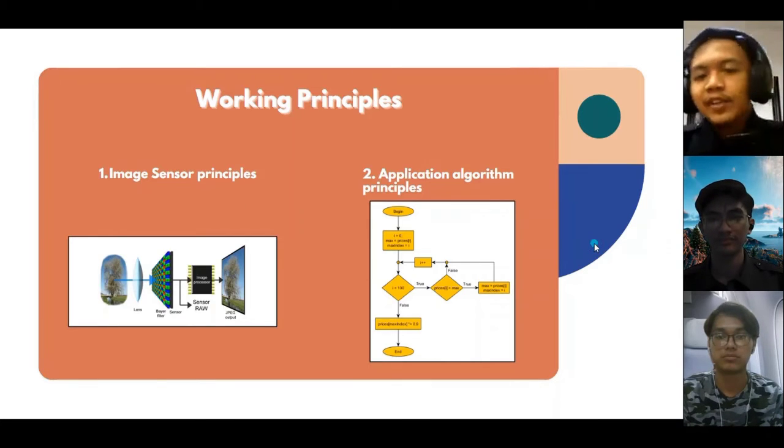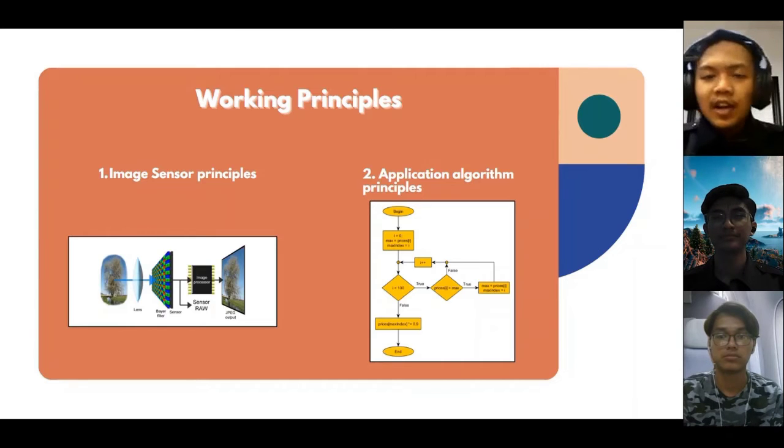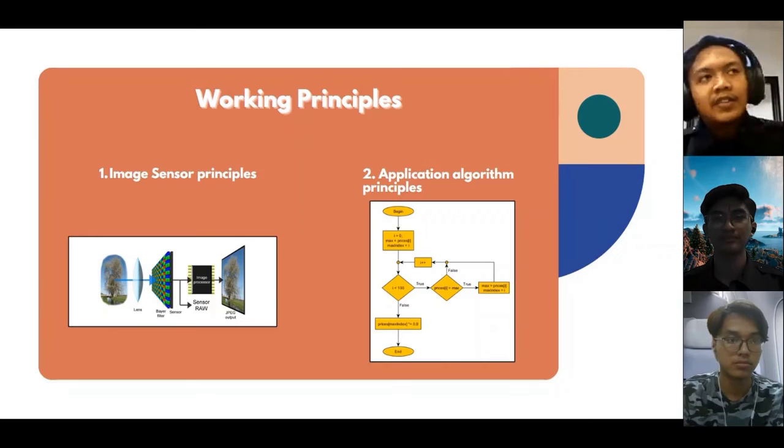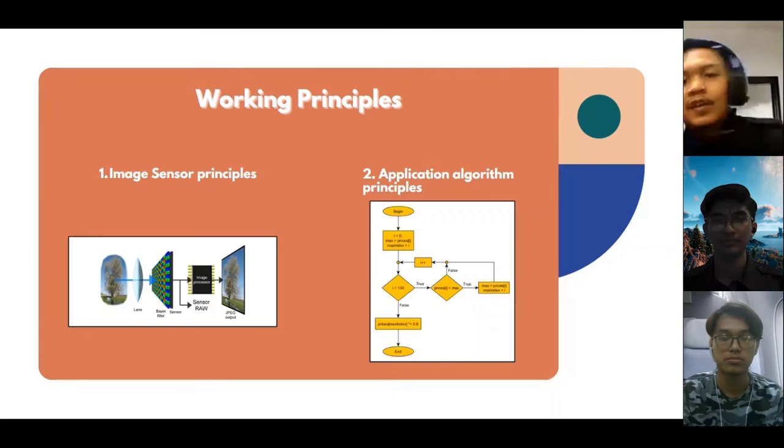And then the second principle, which is the application algorithm. An algorithm is how an application or software works. It actually consists of some coding.